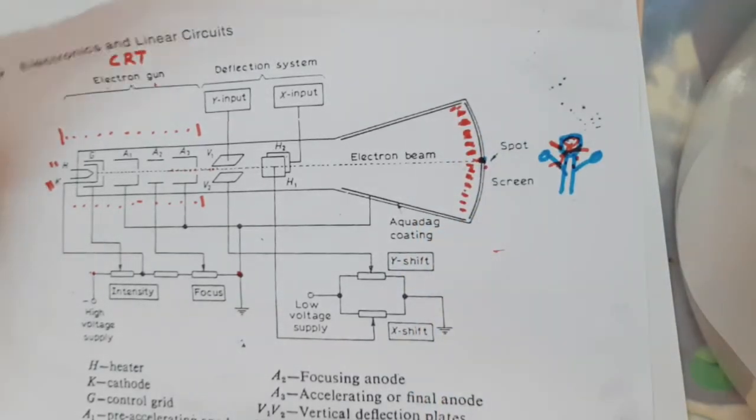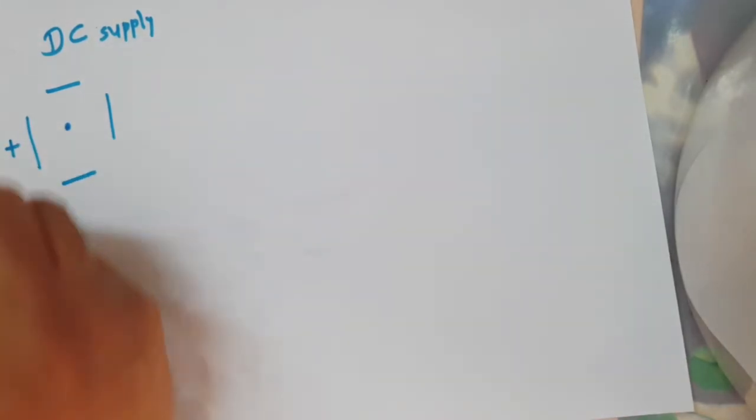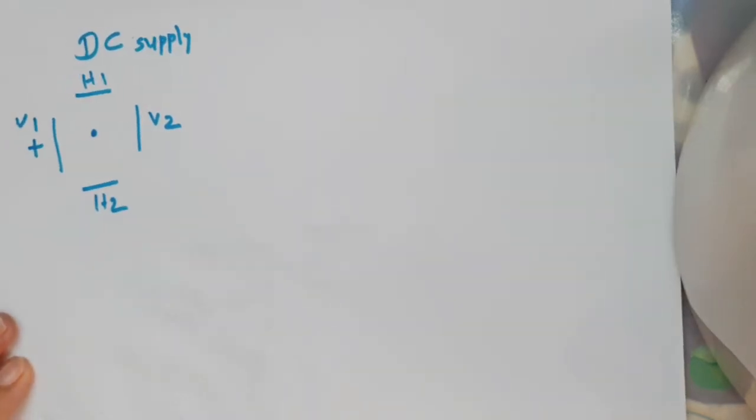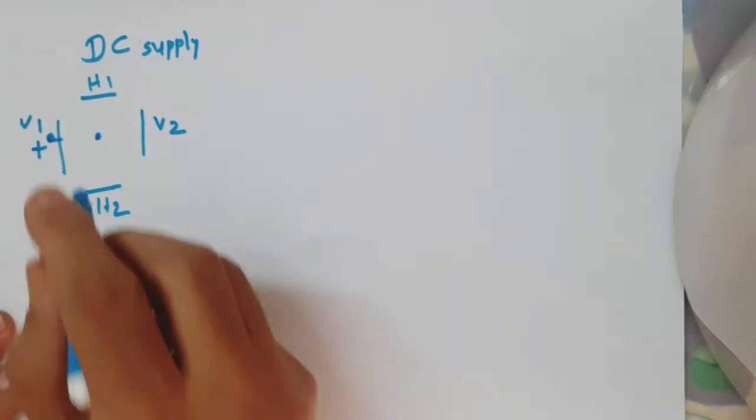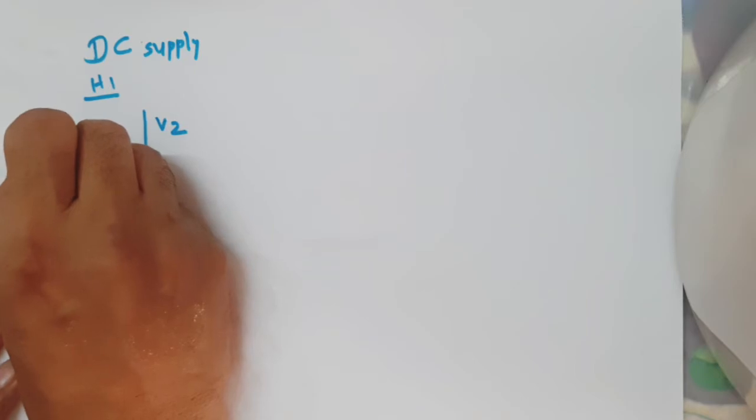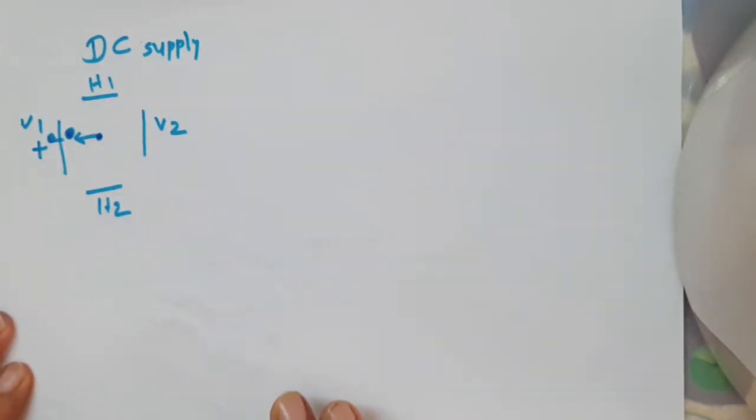Same way, when we apply positive voltage to the vertical plates, this is our V1, this is our V2, this is our H1, this is our H2. If we apply positive DC voltage, I repeat, positive DC voltage to V1 compared with V2, then the spot moves towards the V1 direction and our spot is on the left hand side of the screen of the CRO.